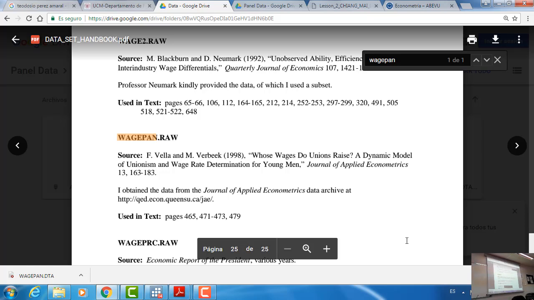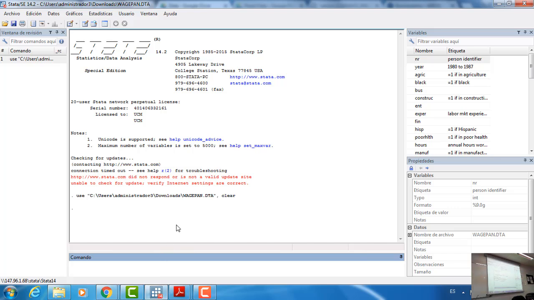It will take you like 10 minutes and it will be useful because we are going to be using this example in the next few classes. And it is a simple example. It is a balanced panel, and it is very simple. Do you have any questions? Please, questions.